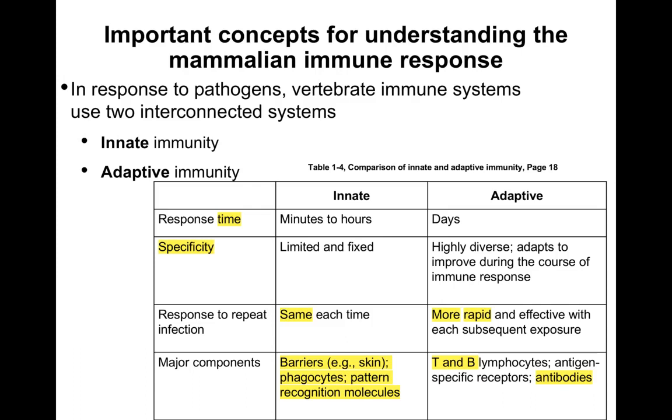In the adaptive immune response, T cells and B cells are the primary cells, and they have antigen-specific receptors. The B cell receptor is a membrane-bound antibody, and a T cell receptor is on the surface of the cell, and it is going to only recognize antigen in the context of MHC.